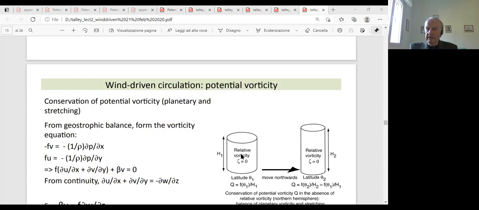If we move the water column from latitude theta1 to latitude theta2, due to the changes of the Coriolis parameter f, the potential vorticity has to change. So there should be a vertical velocity, which will change the relative vorticity of the water column. Okay.